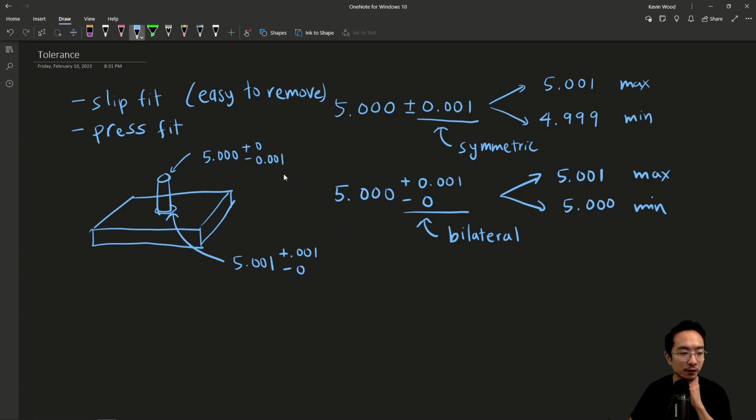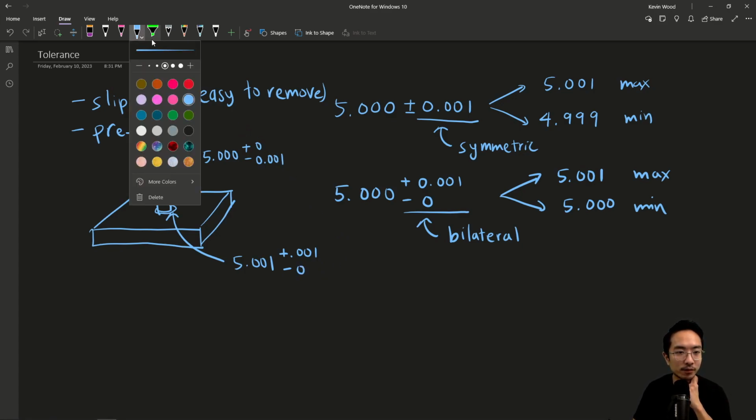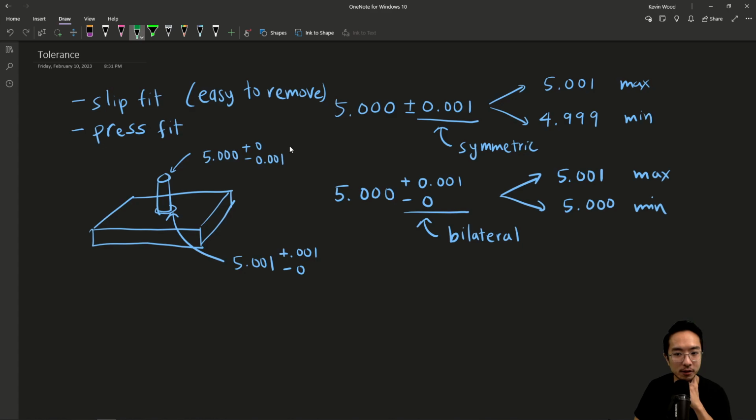Okay, so if we take a look at this, what it means is, let's use a different color. How about a dark green? So here we have 5.000 as the upper limit, and then the minimum is gonna be 4.999, right? And then here we have an upper limit of 5.002 and a lower limit of 5.001.